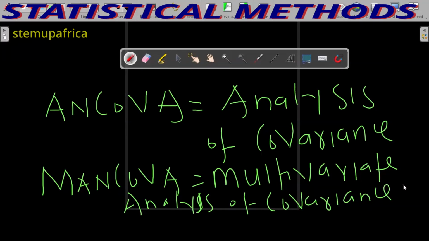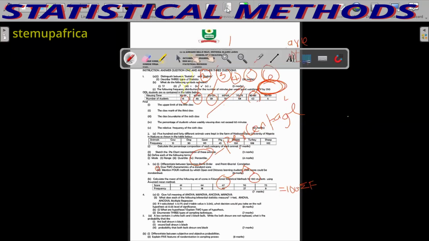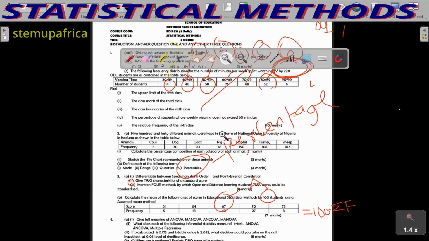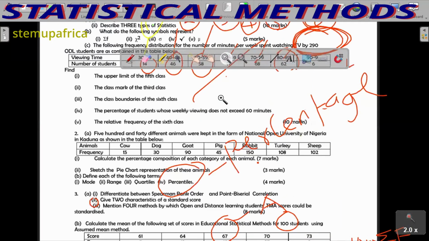So those are their meanings. They fall under advanced statistics. I don't know if this is in the material, but you can check it out to be sure if they are there or not.